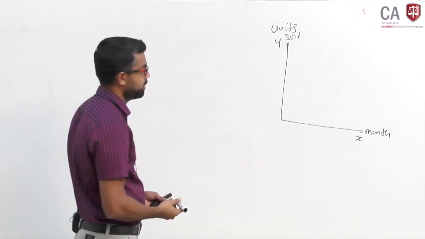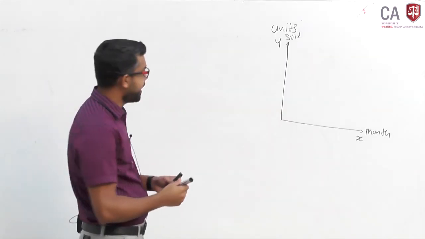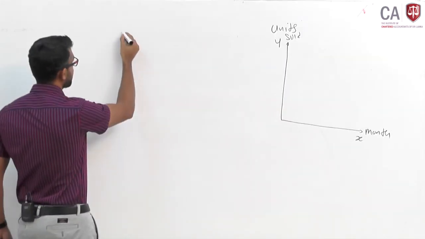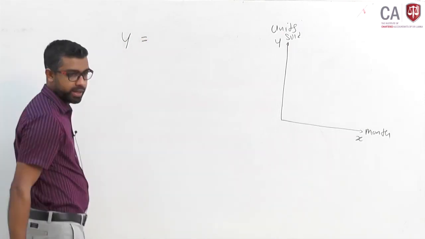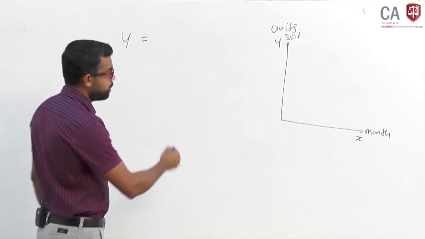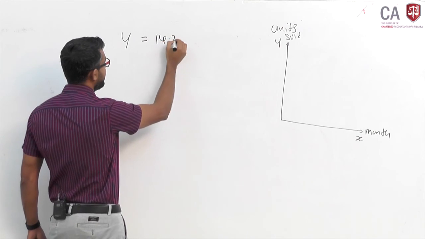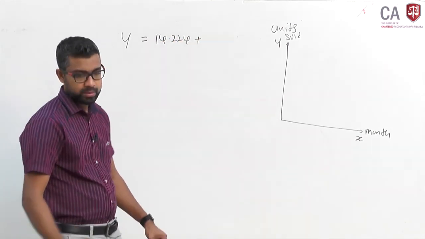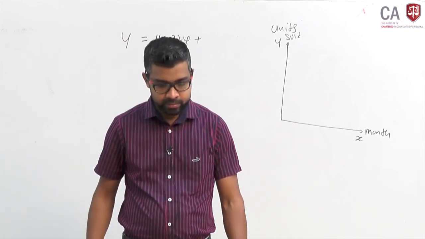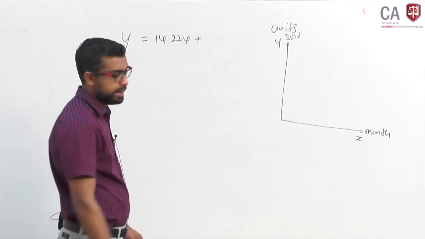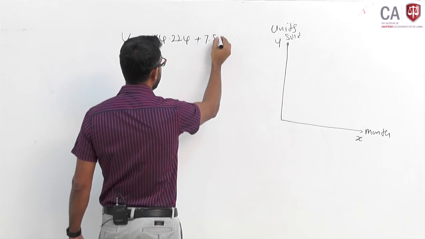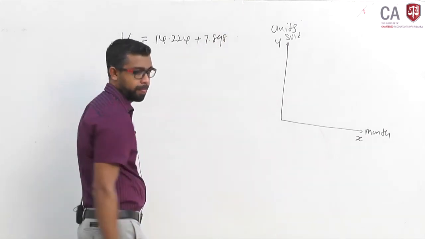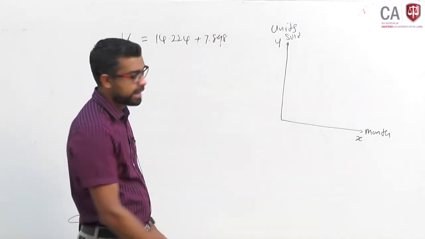Equation is what? Y equal 14.224 plus. There's a positive correlation, right? Positive pattern. 7.898 x.